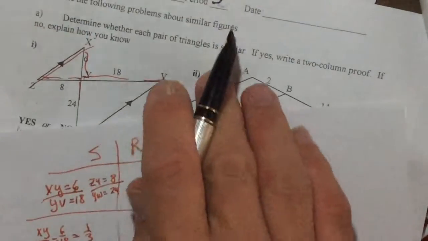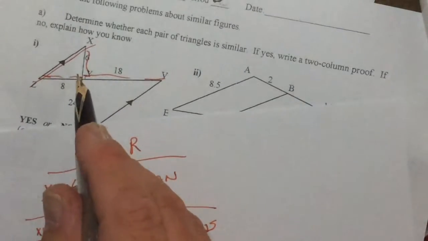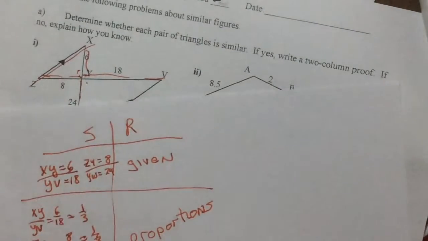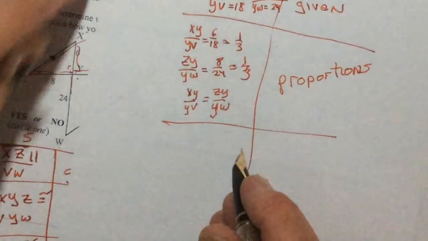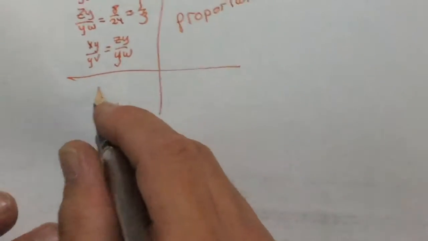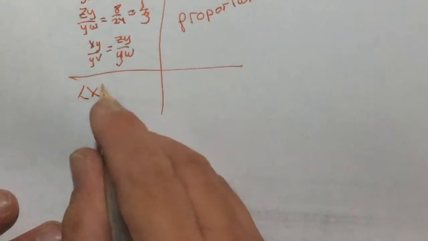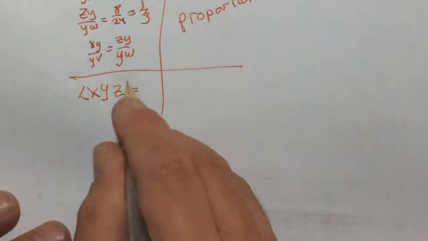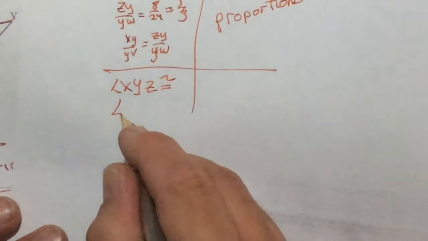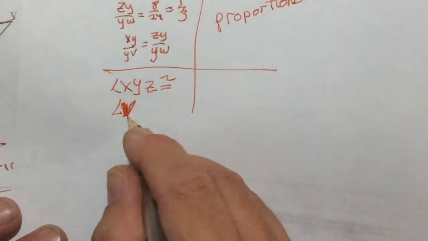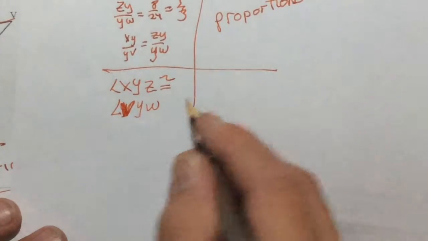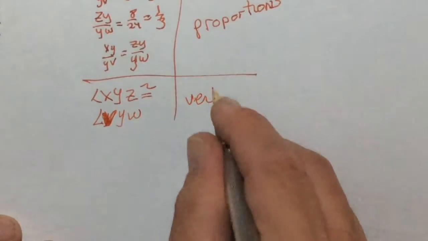And again, looking up here, we know that this angle and this angle are congruent, and we can write that down. Angle XYZ is congruent to angle VYW, and that's because they are both vertical angles.